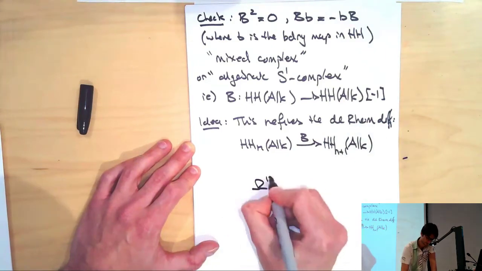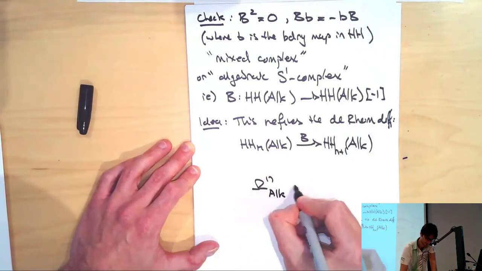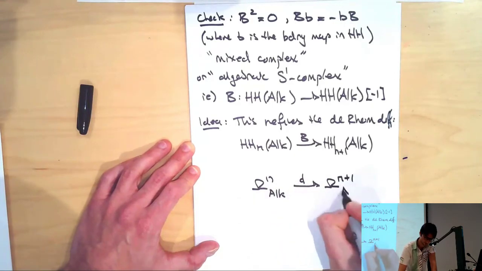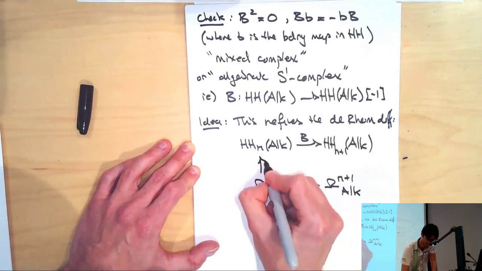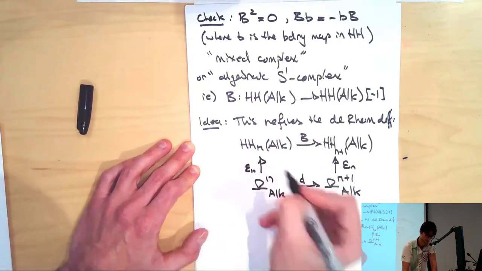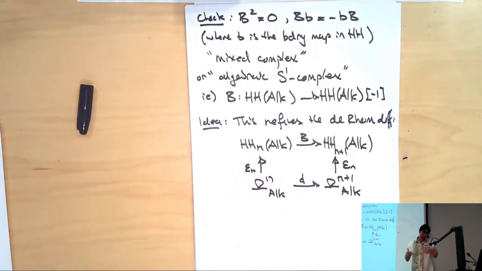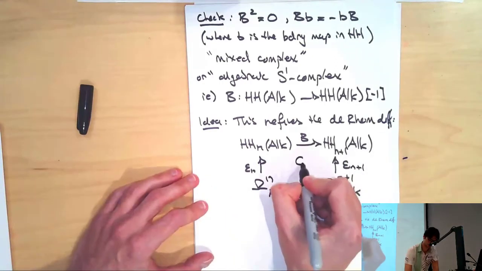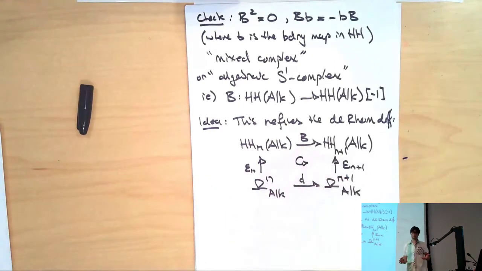Well, similarly, I've got my de Rham differential on differential forms. We had these maps coming in, which at least in the commutative case don't need to be isomorphisms in general, but they are in the smooth case. And that should be an n plus 1. And the statement is that this diagram commutes.